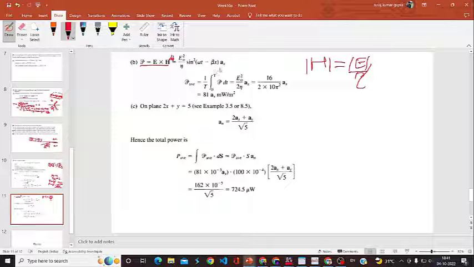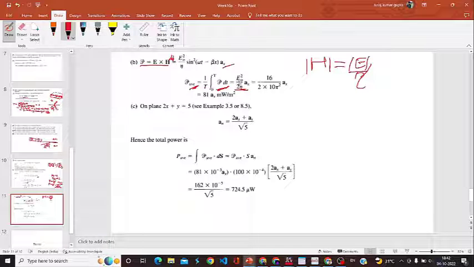Once you find the Poynting vector, the average power flowing is calculated as 1 by T integral 0 to T of P dt, which equals E naught squared by 2 eta into ax. So the average value of the Poynting vector comes out as E naught squared over 2 eta.